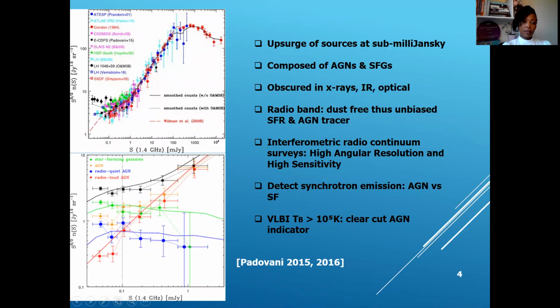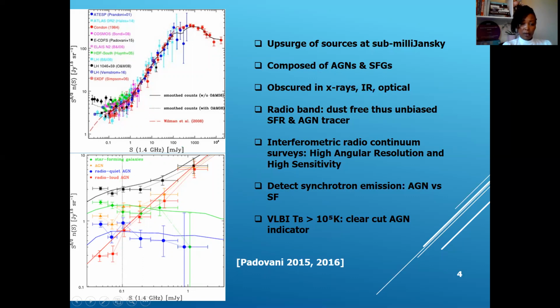Further study of these faint or distant galaxies in the radio band shows an unexpected upsurge of the number source counts at sub-millijansky levels, shown here on this Padovani plot, showing the number source count density as a function of flux density.